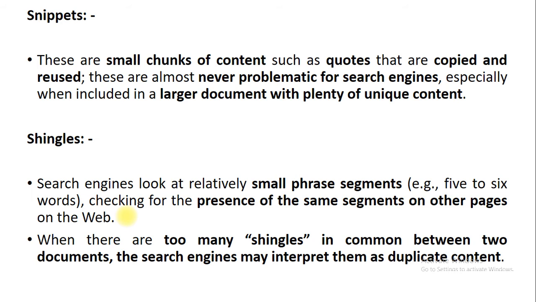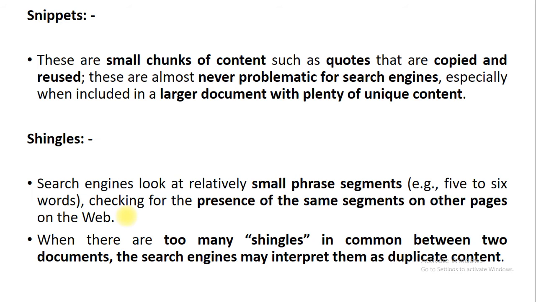That means when you use singles, you make a group of 5 to 6 words, creating small phrases or segments, and you check whether that particular group of 5 to 6 words is consecutively available on another website or not.